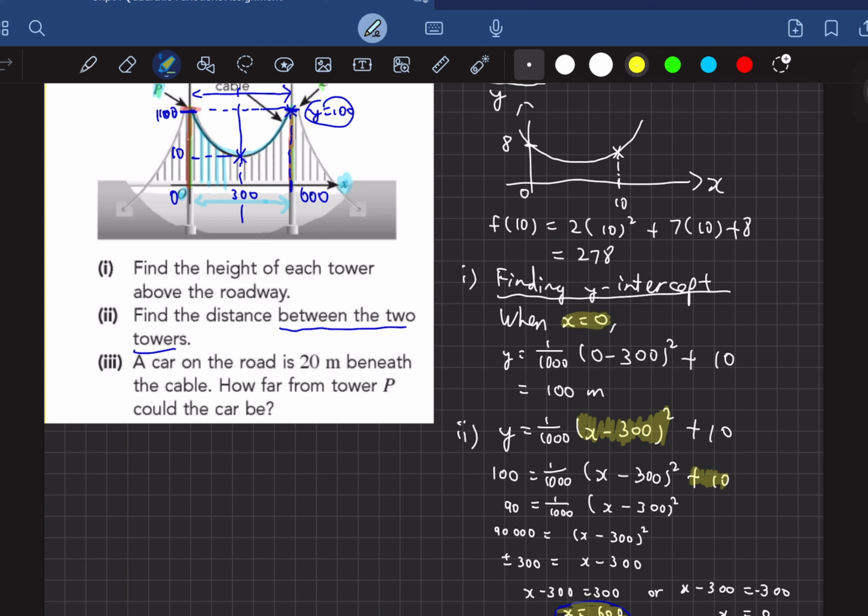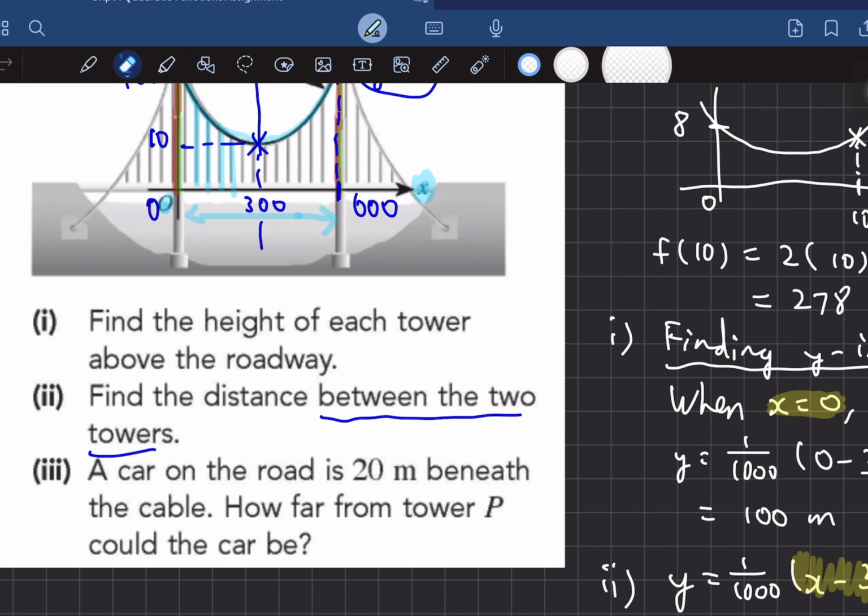Can we proceed? Part 3 is the one that I would say is a bit misleading. Why? Let me zoom in and erase some of the points. Here they say a car on the road is 20 meters underneath the cable, so 20 meters below the cable. Then they ask, how far from tower P could the car be?